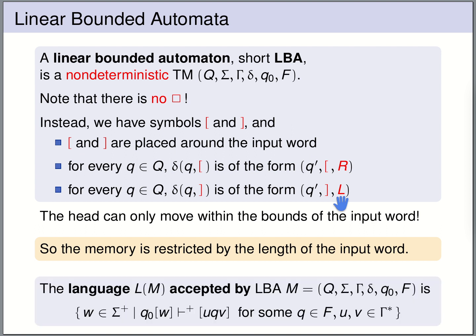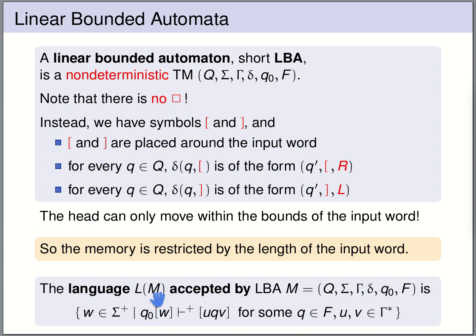The language of a linear bounded automaton is defined as follows. It's all words over the input alphabet, such that we have a computation that brings us to a final state. And this computation is now started in the starting state of the Turing machine with the input word put in brackets written on the tape.